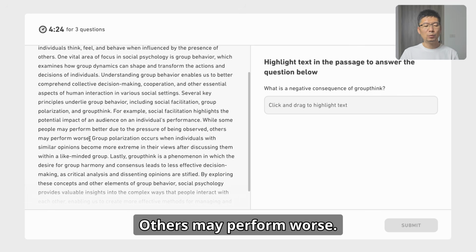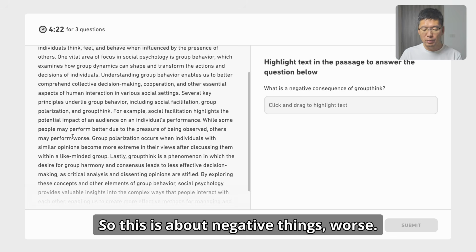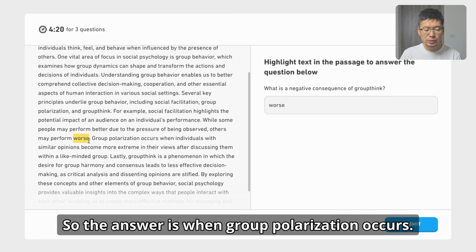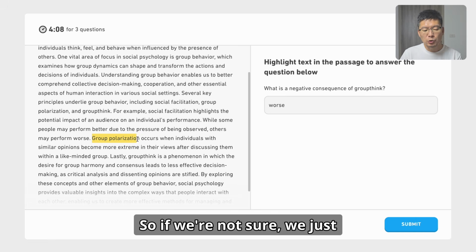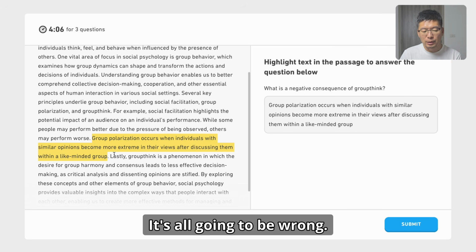Others may perform worse. So this is about negative things, worse. So the answer is when group polarization occurs. So if we're not sure, we just choose the whole sentence, okay? It's not going to be wrong.